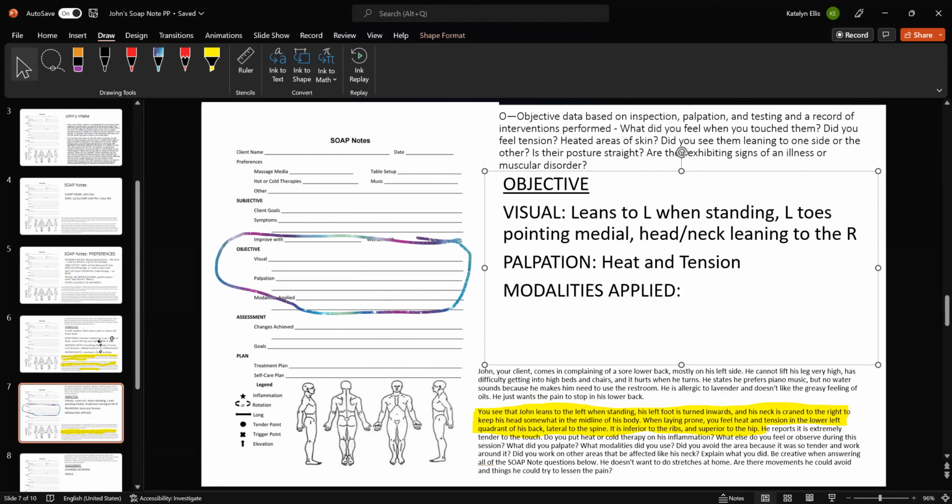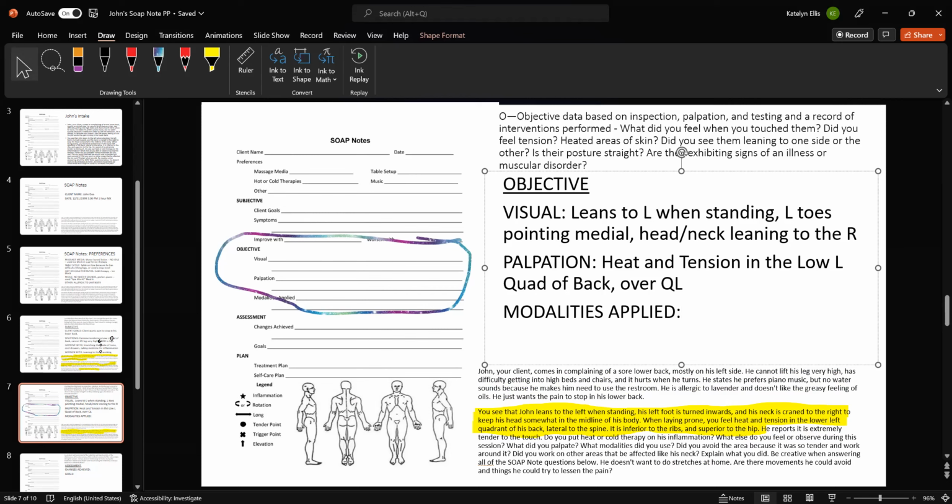There's heat and tension in the low left quad of back over. Pick the big muscle that you think is affected. I'm going to talk about the quadratus lumborum here, so I'm going to put QL. All right, there's heat and tension in the low left quad of back over QL. So that isn't confusing with like saying bilateral or anything like that. I'll go ahead and fill out back.